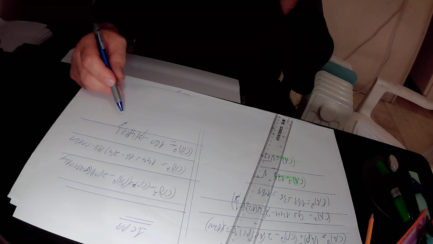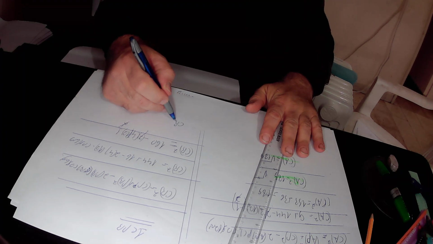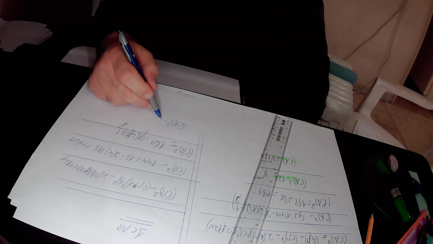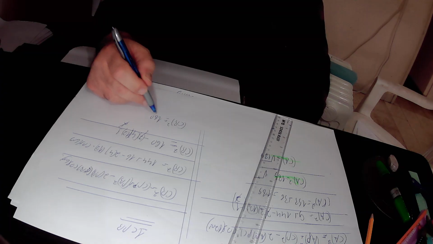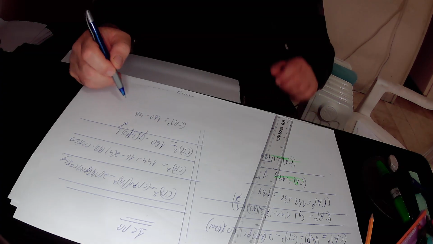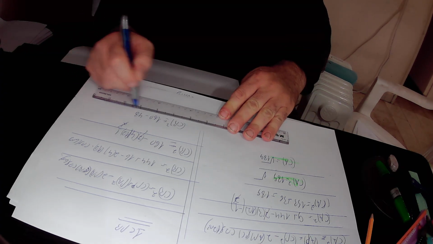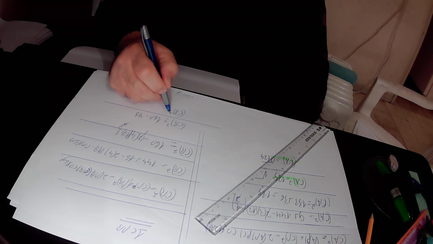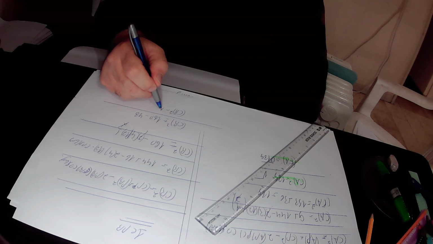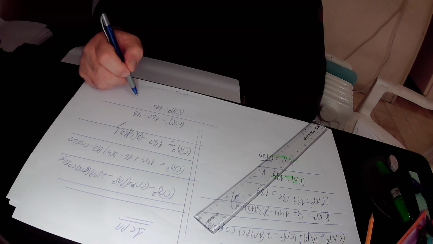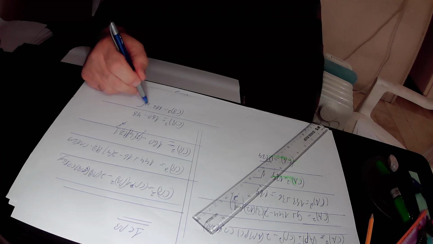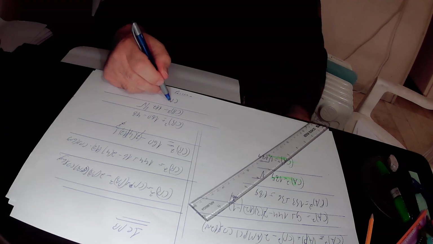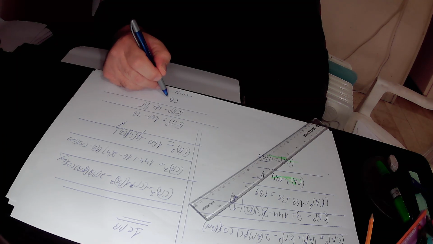So in total, we found that CB squared equals 160 minus 48. 160 minus 48 is 112. So CB squared equals 112. Here we take the square root of this equation and find that the missing side CB is equal to the square root of 112 units in its length.